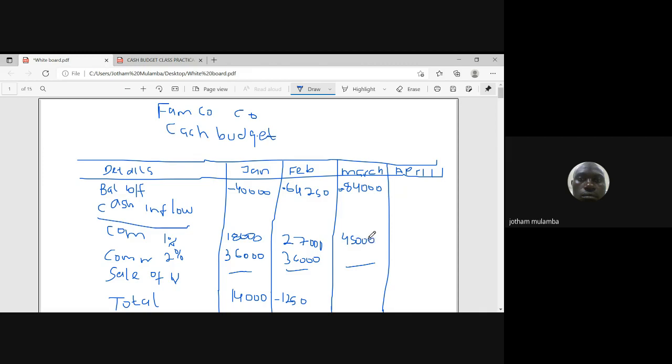Then 2% we will collect for sales that were made in February. So how much was our total sales in February? 15 units times 180,000.